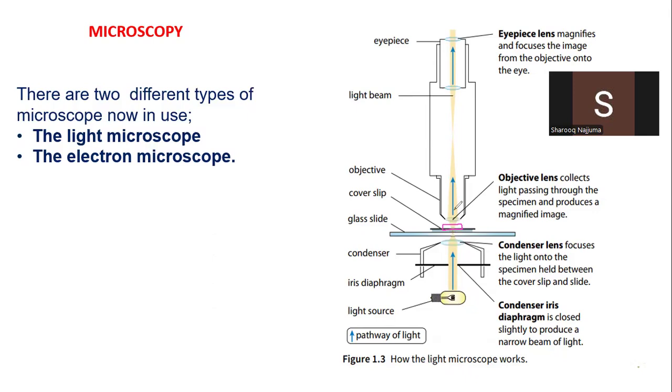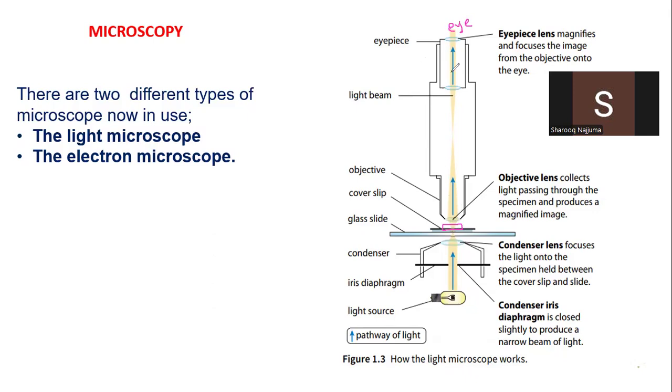Now, when light passes through the specimen, there are lenses. There is an objective lens which magnifies the object, and then there is also an eyepiece lens which magnifies the object. Then you place your eye here so that you're able to observe the magnified specimen. Your eyes are able to interpret light.